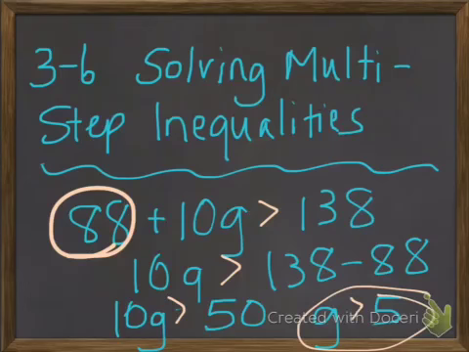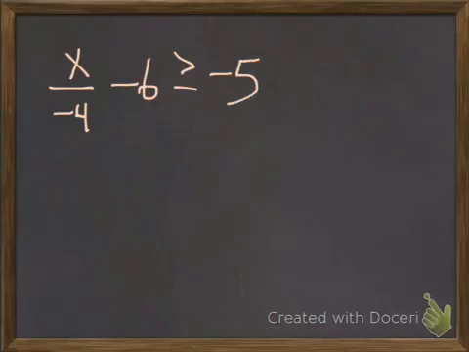Okay, let's do another example. Let's say I have x divided by negative 4 minus 6 is greater than or equal to negative 5. Here I notice that I have two numbers on the same side as x: negative 4 and negative 6. The first thing you want to do is add your 6 to make it 0.